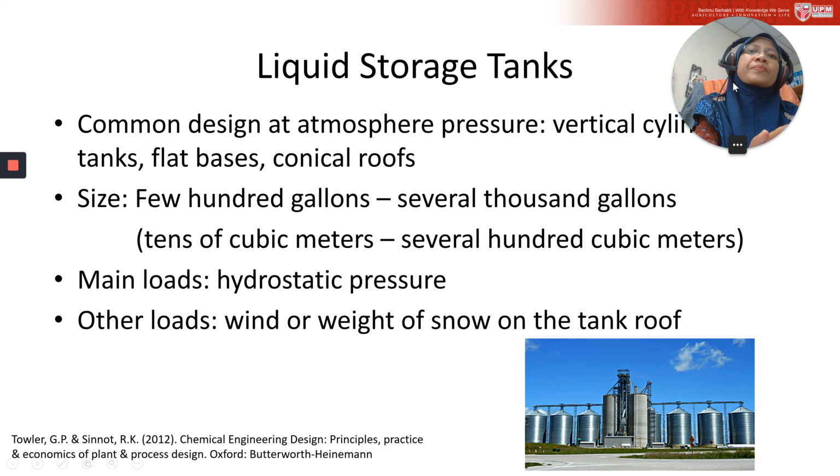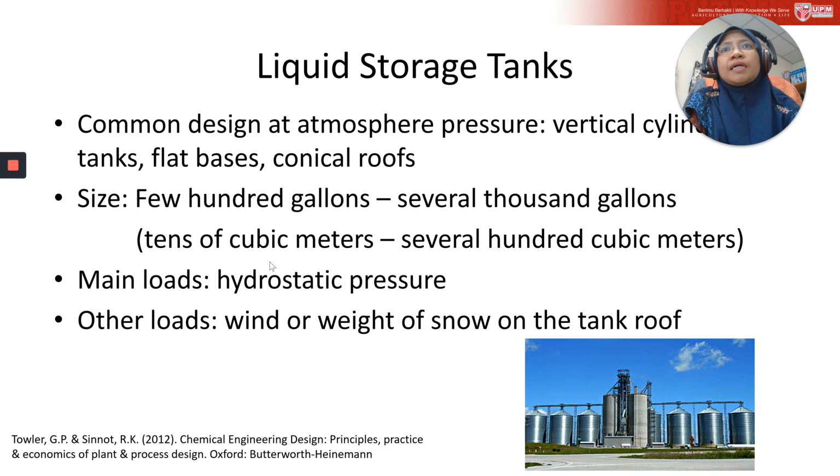The main load to be considered in the design of a liquid storage tank is the hydrostatic pressure, and there are also other loads to be considered, such as wind or the weight of snow, if let's say you are designing a factory in a four-season country.